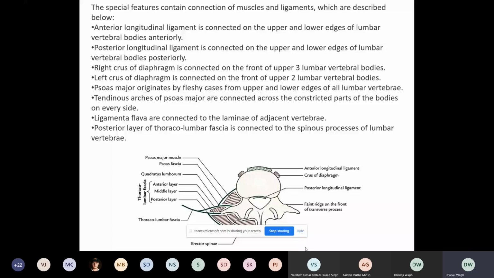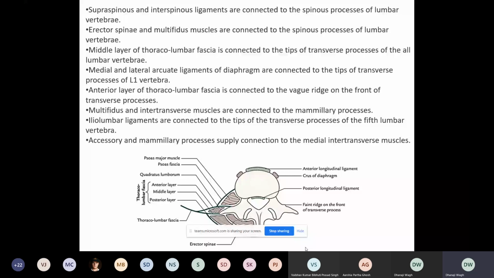The posterior layer of the thoracolumbar fascia is connected to the spinous processes of the lumbar vertebrae. Supraspinous and interspinous ligaments are connected to the spinous processes of these vertebrae. Then the erector spinae and multifidus muscles, you can see in this diagram, are connected to the spinous processes of the lumbar vertebrae.